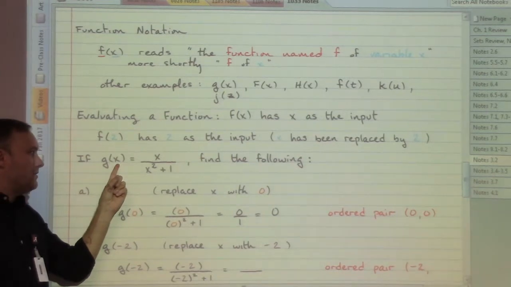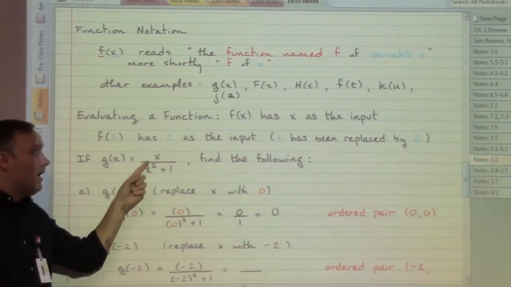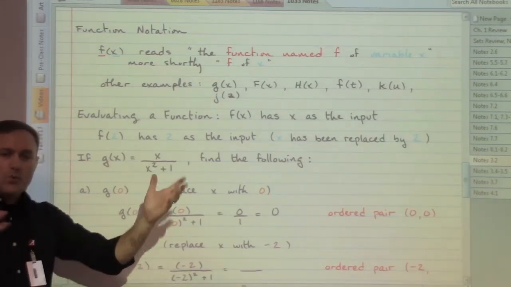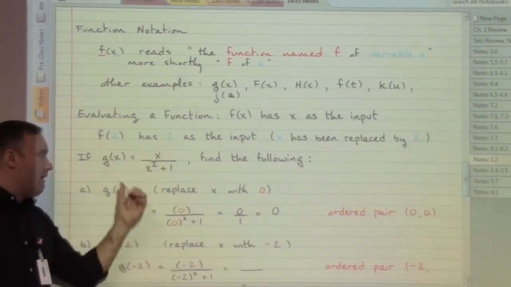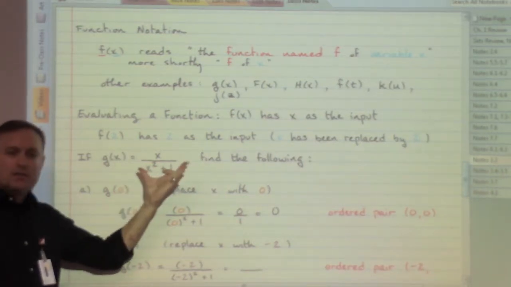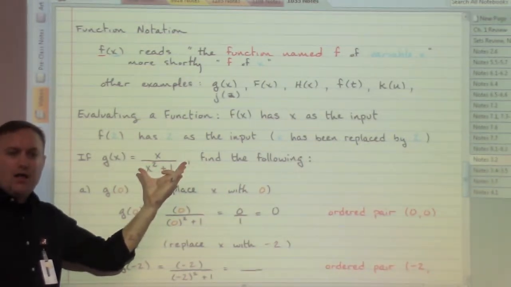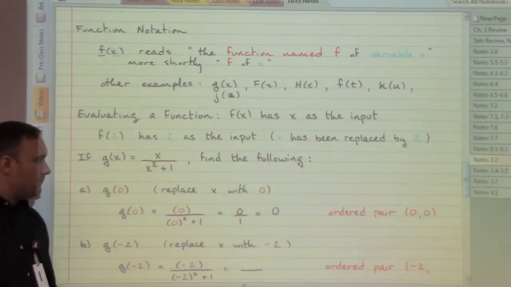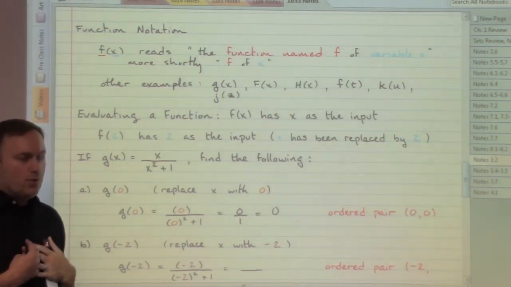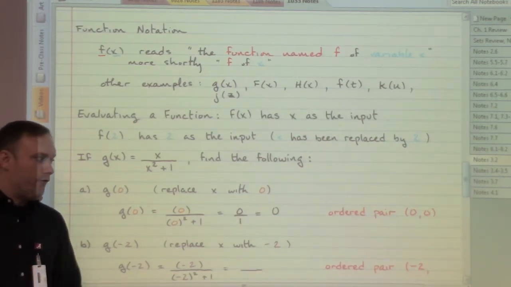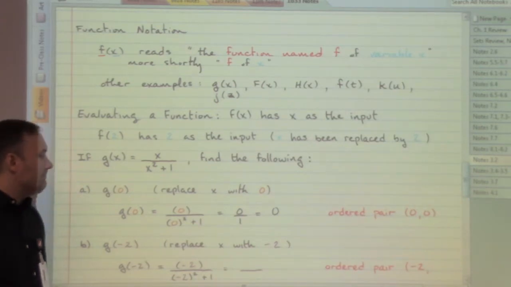G of x is equal to x divided by x squared plus 1. There we go. We have a function because they're using the notation. They're telling us exactly how we can calculate the second half of each pair based on different choices that we might make or different numbers that we might be forced to plug in.